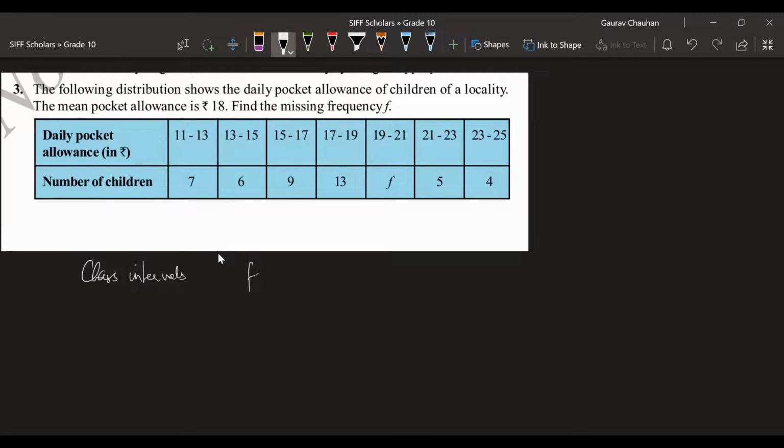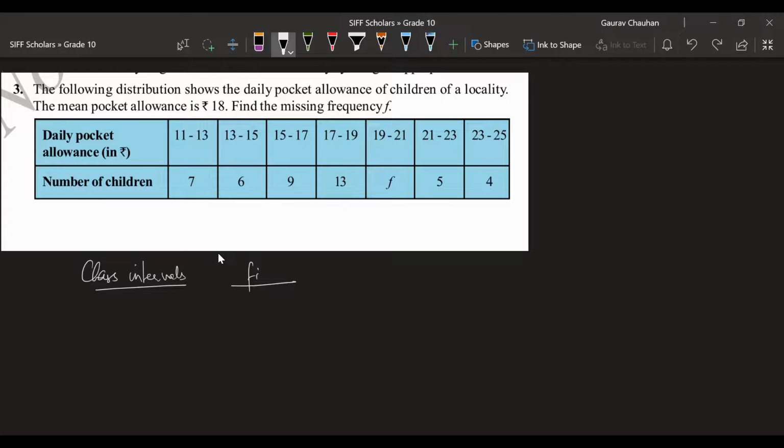For fi xi, we first have to find the class mark, because this is grouped data. For the class 19 to 21, the class mark will be some value multiplied by f.